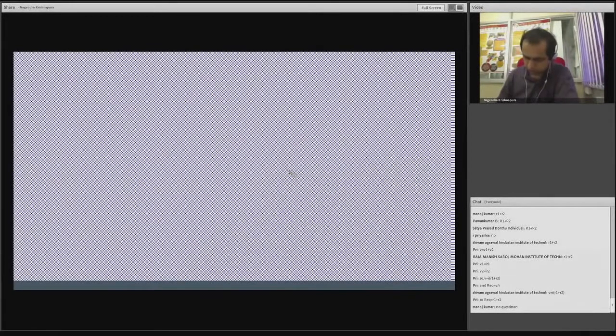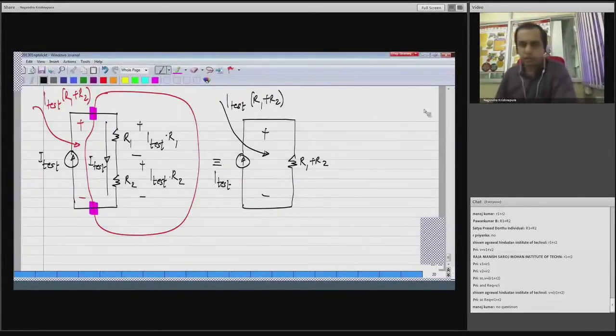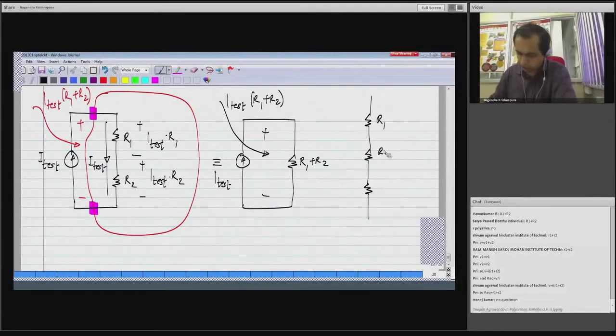Okay. So a series combination of resistors will be equivalent to a single resistance whose value equals the sum of the resistors. So you can have many resistors in series, R1, R2, R3, etc. When you have things in series, these intermediate nodes should not have any other connection.